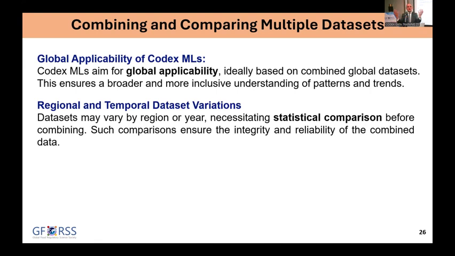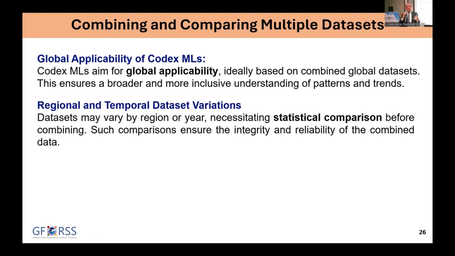So if I have a data set coming from Oman and a data set coming from Qatar, can I say directly I can put all together and generate one ML based on this data set? No, because maybe there is what we call a statistically significant difference between the two data sets. And when the data sets are not statistically similar, I cannot combine them.